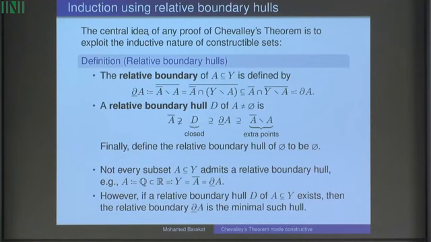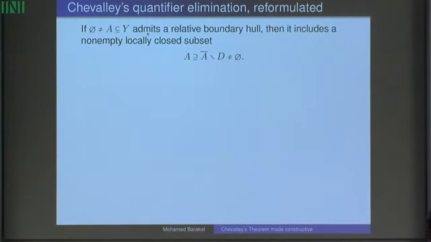Okay, so let's proceed. Again, this is the sanity condition: if A is a non-empty set of Y, and if it admits a relative boundary hull, which we know is not always the case, then it includes a non-empty locally closed subset. And this looks very much like the beginning of an induction.